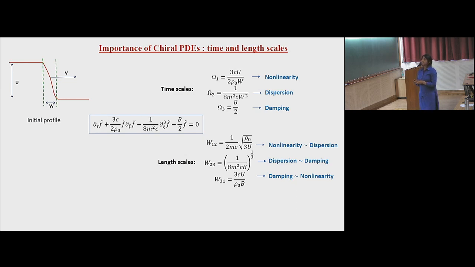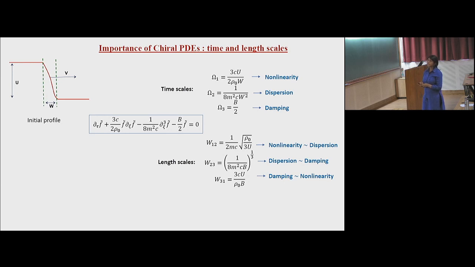Say that if omega 1, which is the inverse time scale for the strength of nonlinearity, happens to be the maximum among the three, then during the time evolution, the first feature which kicks in is nonlinearity, then dispersion and damping. Similarly, we can identify the different length scales.